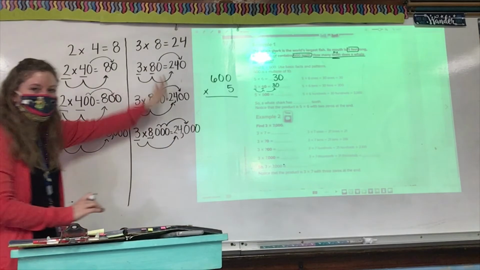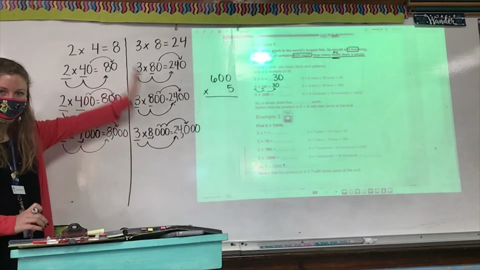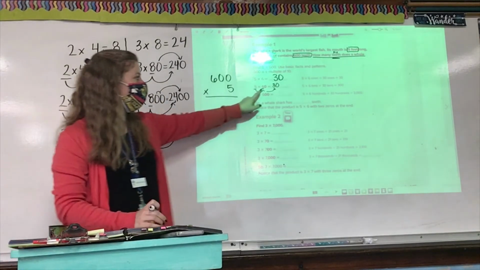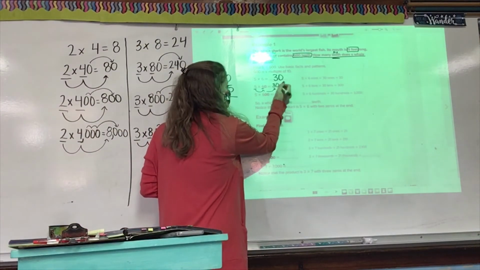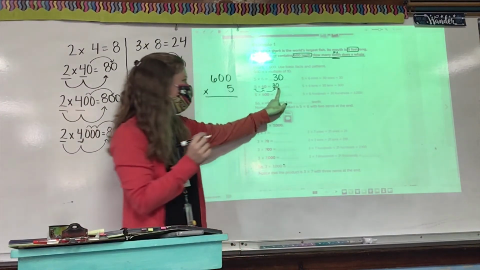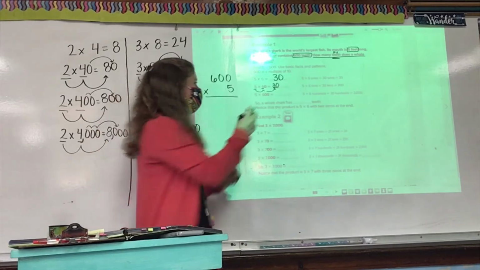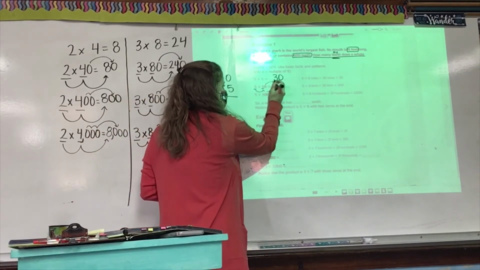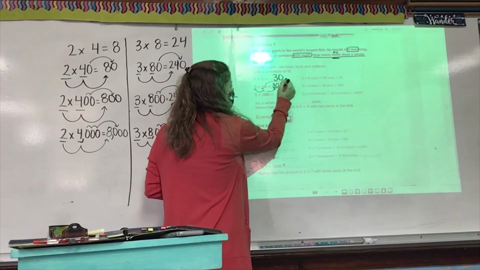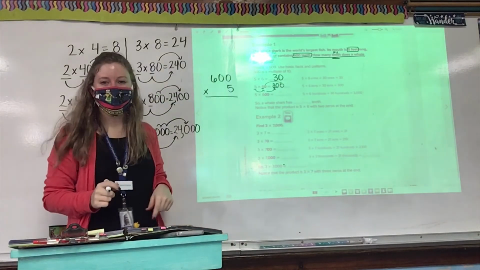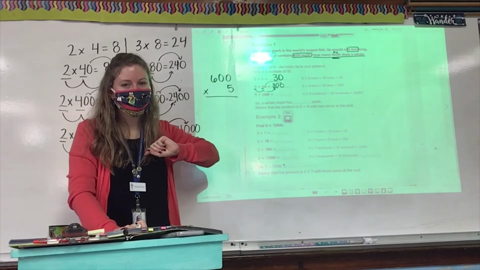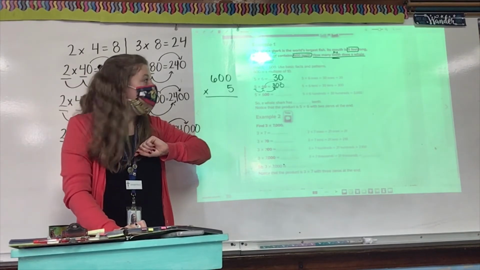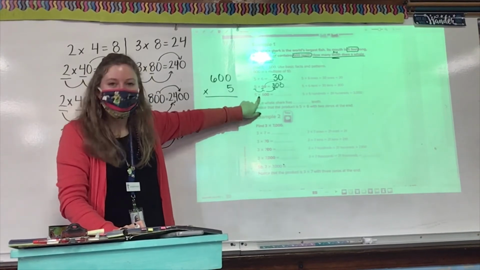Think of the pattern that we followed earlier this morning. I move it over to the end of the product. Good. I've got the answer to my basic fact, which is 30. I take that 0 at the end of my factors and I move it to the end of my product. So 5 times 60 is what, Smith? 300.